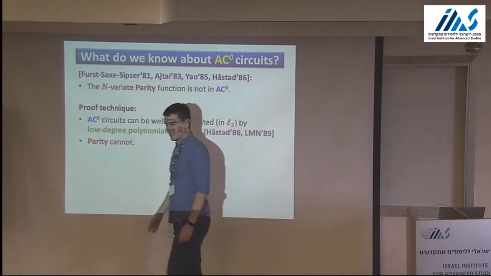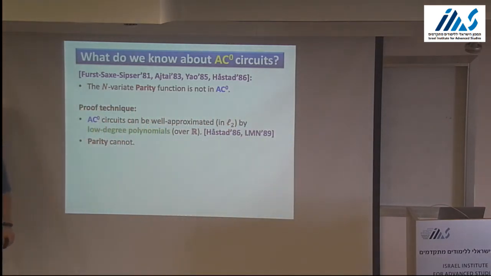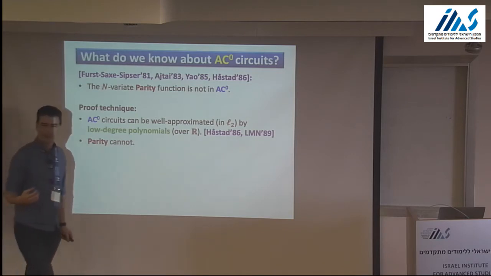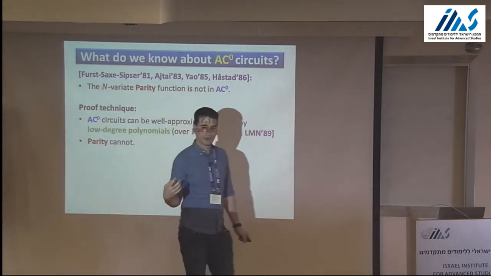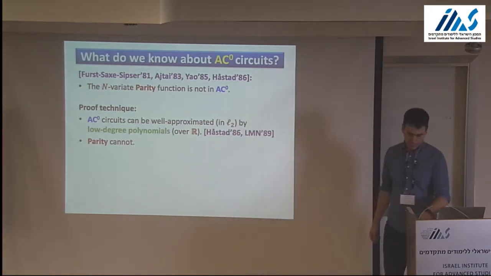The degree of the polynomial that you're talking about is the total degree? Yes. So the question was, what do I mean by degree of the polynomial? I think of multilinear polynomials, and by degree I mean total degree.